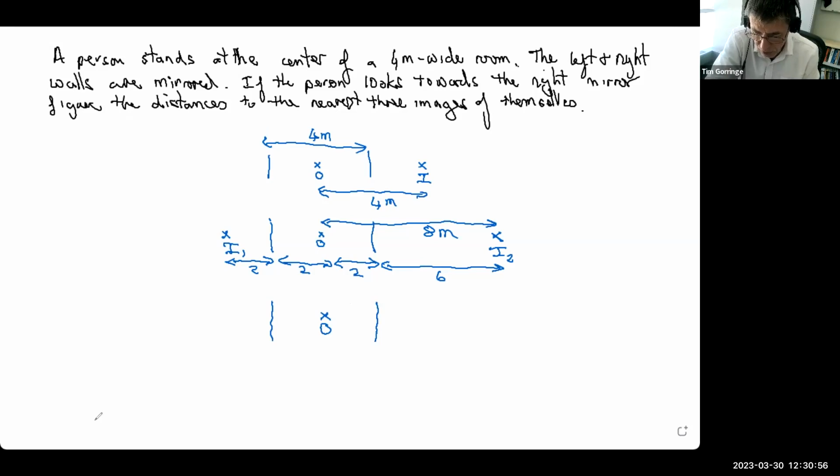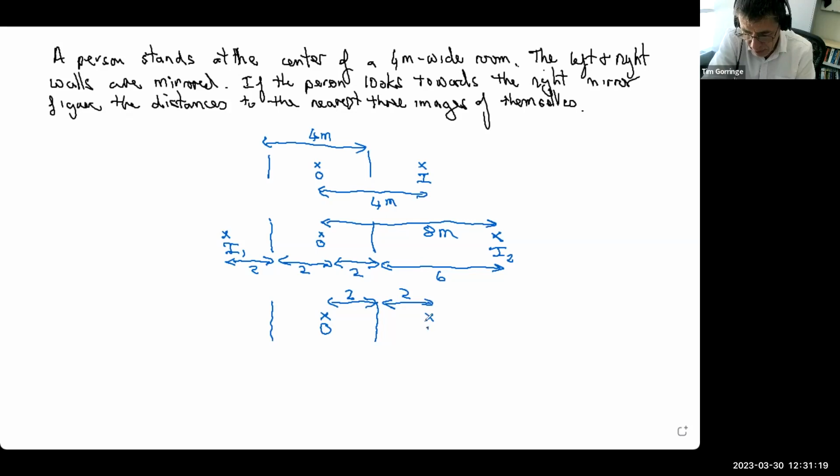And so we've got to trace those all out. So firstly, the first reflection in the right-hand mirror, the image is going to be the same distance behind the mirror that the object was in front of the mirror. And so this was 2 meters, half the width of the room. This is going to be 2 meters, half the width of the room.